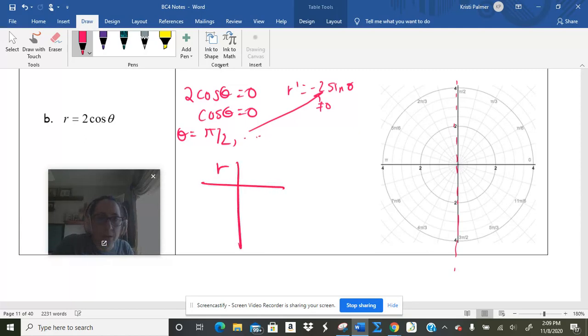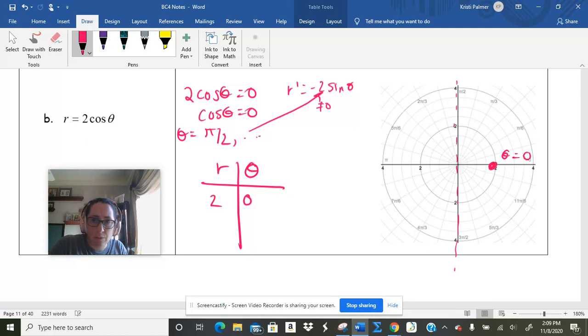And then let's make our r theta chart. Plug in 0, 1 times 2 is 2. Pi over 2, we already know we're at 0. What about at pi? We're at -2. Oh my goodness, look at this.